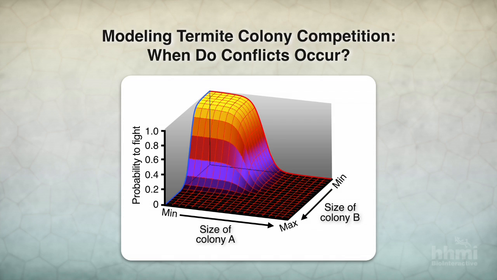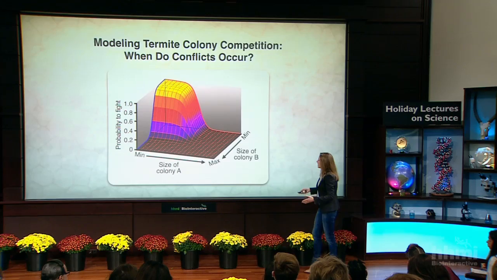If they're both big, it's much more likely that they're going to put a boundary in between them and not really worry about fighting to death. And somewhere in the middle, you can see that even if a colony is quite big, if the other one is small, it can drive the whole conflict, because even if I'm big and I'm not really interested in fighting, if another one constantly harasses me at the border, I'm going to have to fight back.